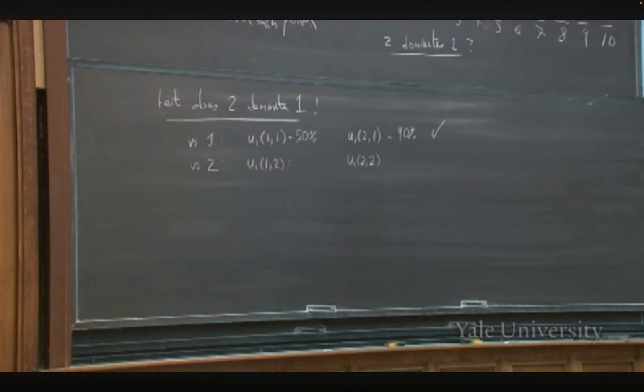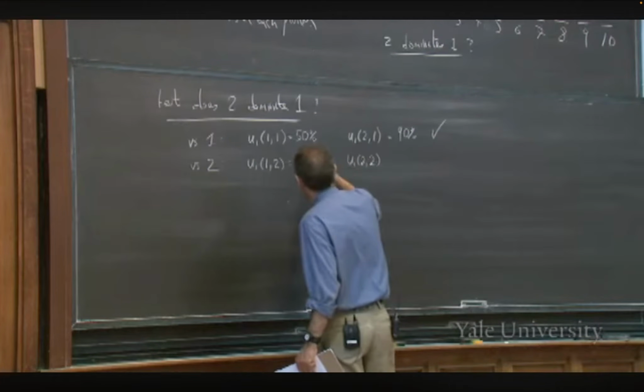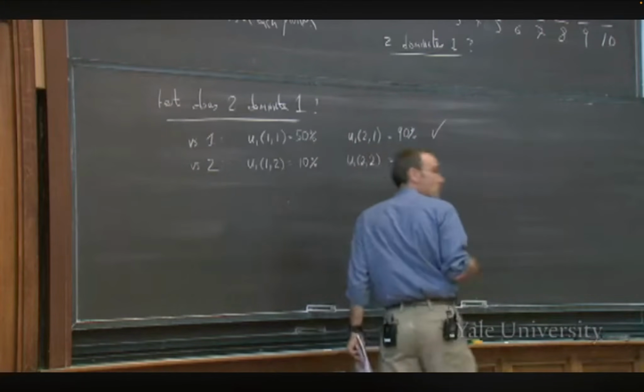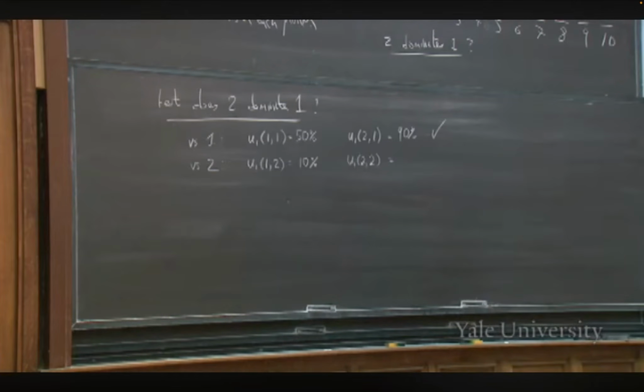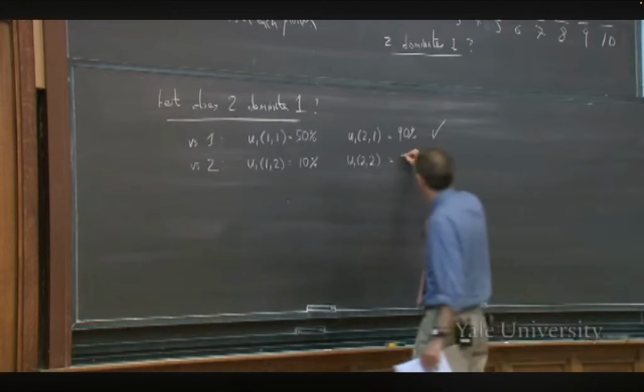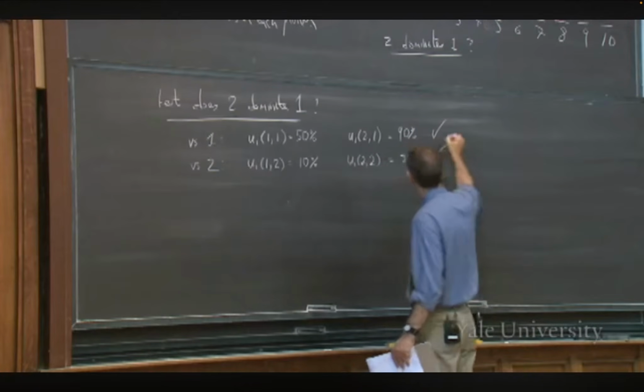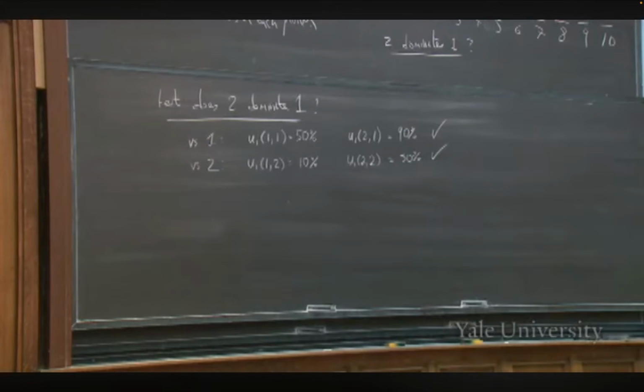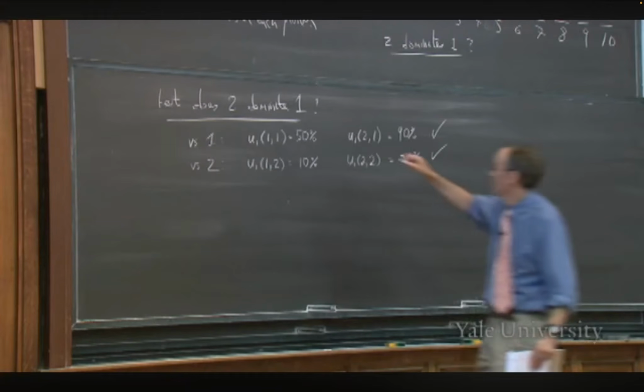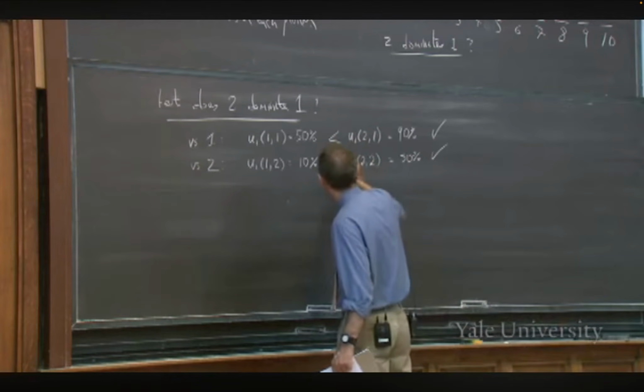I get all the voters right on top of me at position 1, and she gets everyone else. Is that right? So I get 10%. And what about if we both choose 2? 50%, everyone happy with that? So 50% in this case. And once again, 2 did better than 1.